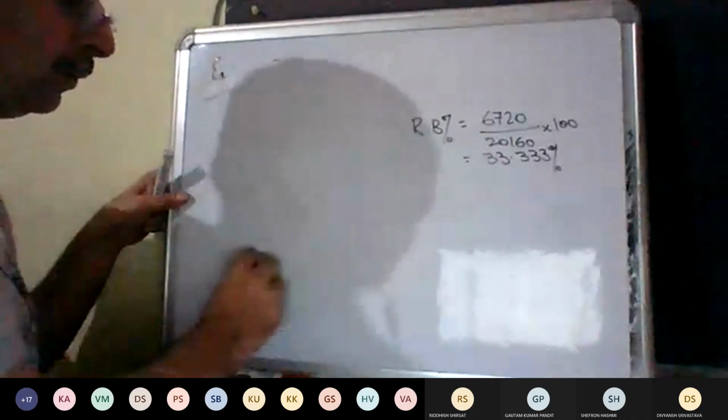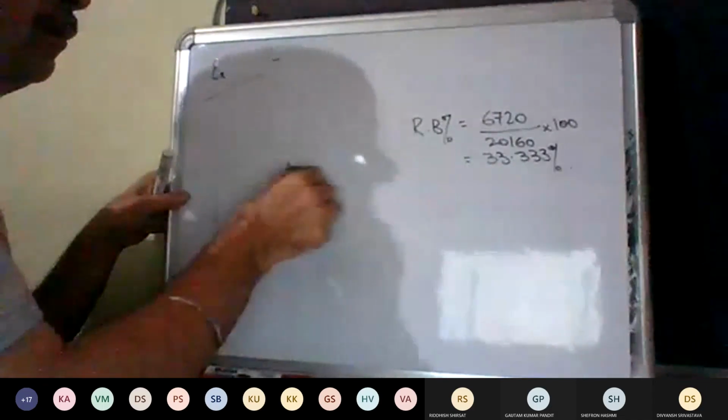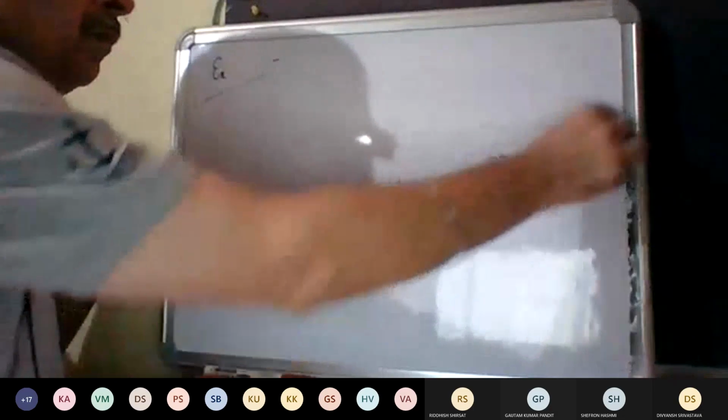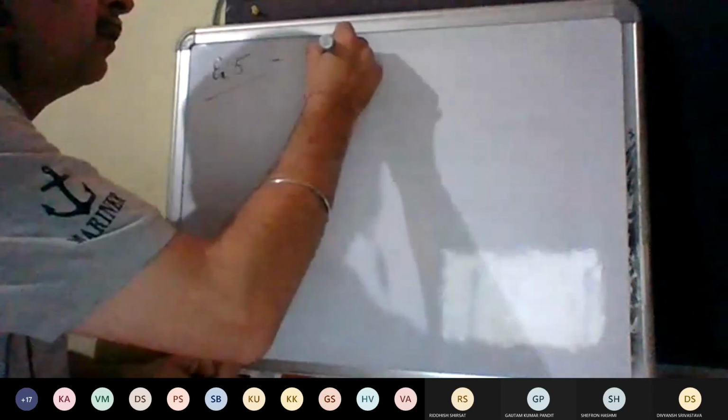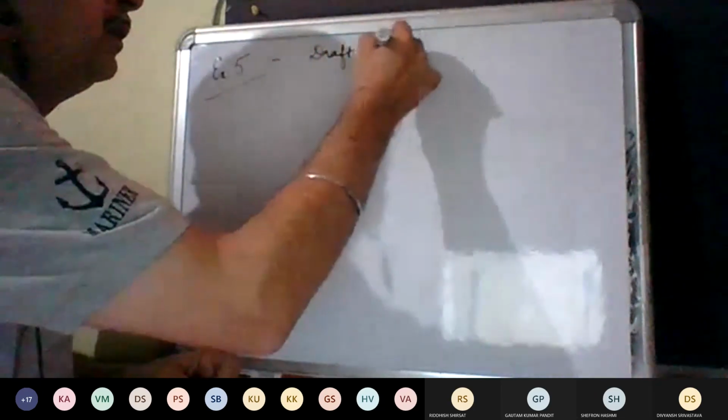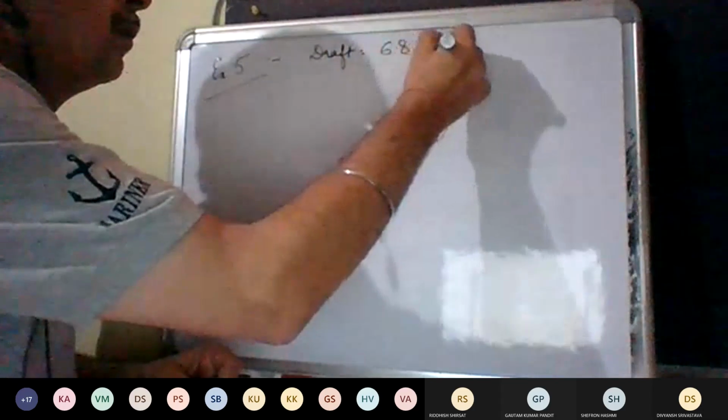Any doubts so far? And let's come to example 5. A ship is floating in fresh water at a draft of 6.8 meters.